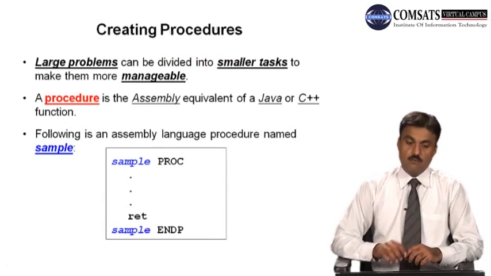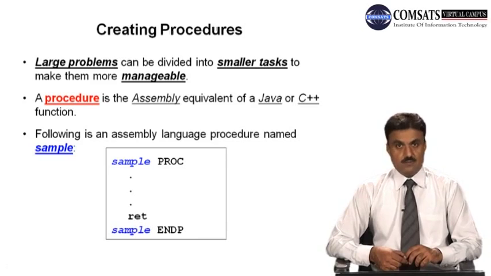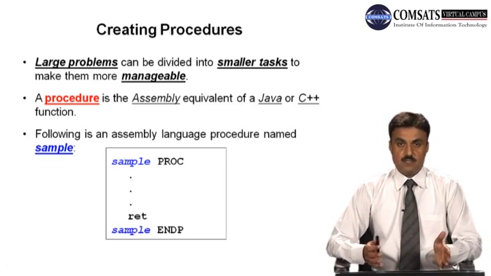Now we are starting with the creation of procedures. Why do we need procedures and what is their purpose? Actually, when we have a task that is very large, what we do is divide that task into different parts.